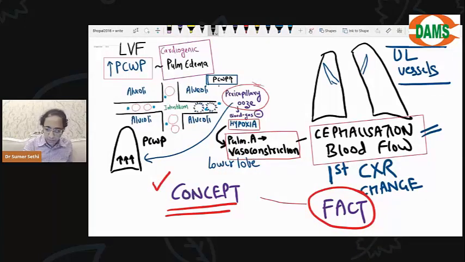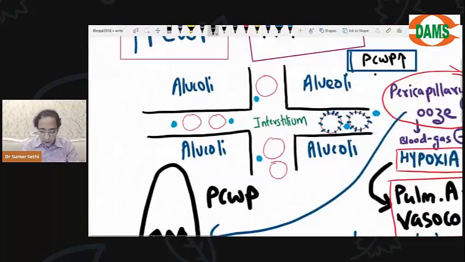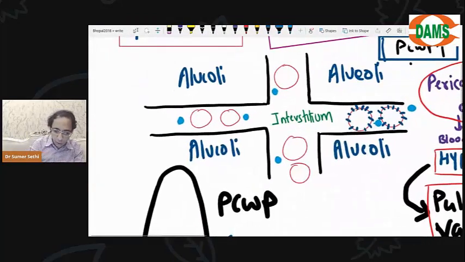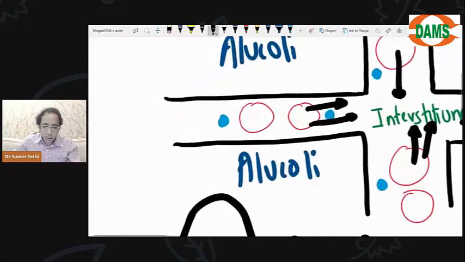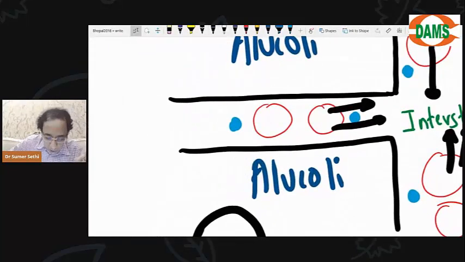Now what happens? Try and understand with me. Now the fluid from the capillaries starts to ooze into the interstitium. That fluid which is leaking from the capillaries because of heart failure will go into the interstitium. Now anybody of you can answer. We are looking at the first page, beta. If you have fluid in the interstitium, can you name a structure which we have drawn, which will drink and clear all this fluid?